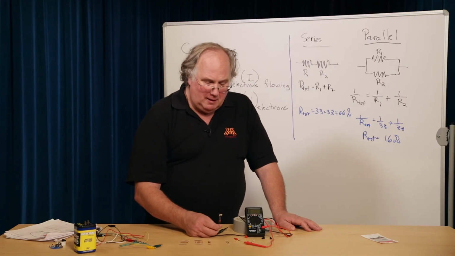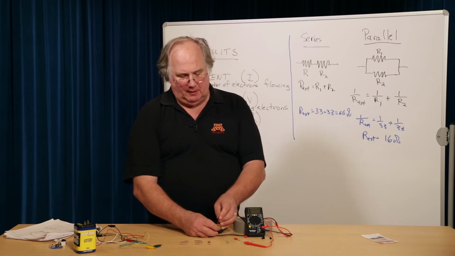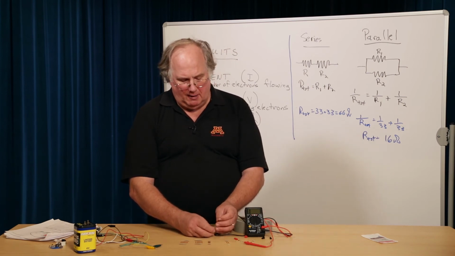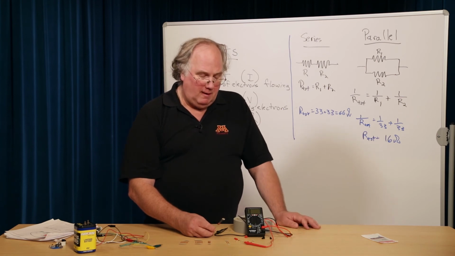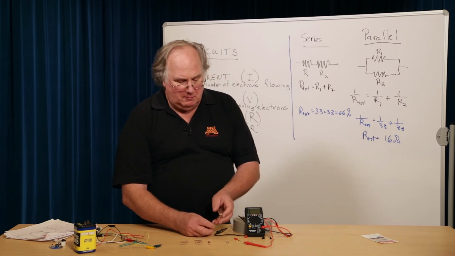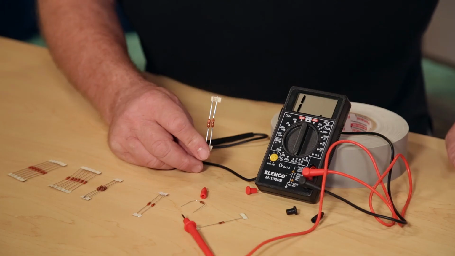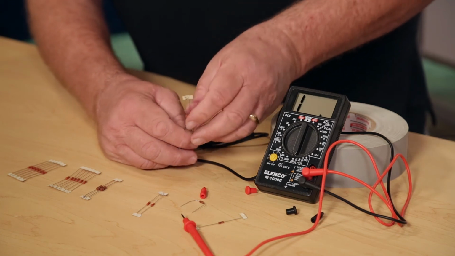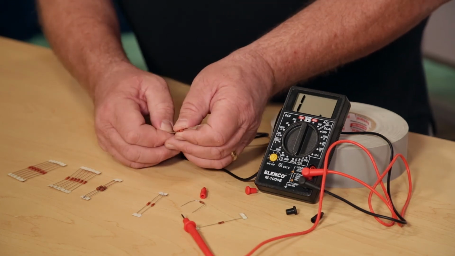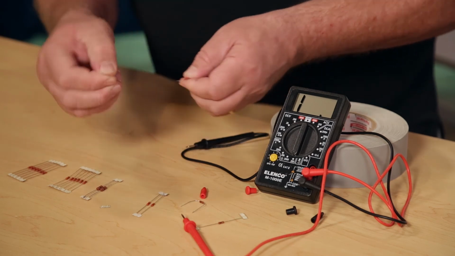Anyway, what we're going to do now is make a series and parallel resistor network and measure the resistance of the whole thing. The first one we'll make is made with our two 33 ohm resistors. To make the network, you just remove the labels.